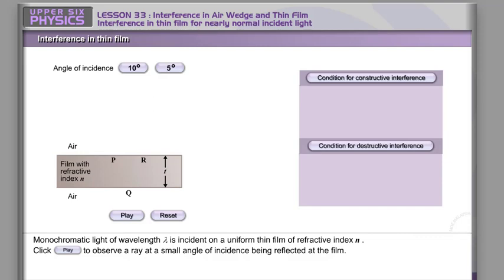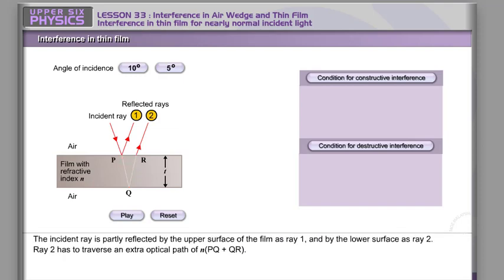Monochromatic light of wavelength lambda is incident on a uniform thin film of refractive index n. Click the Play button to observe a ray at a small angle of incidence being reflected at the film. The incident ray is partly reflected by the upper surface of the film as ray 1 and by the lower surface as ray 2.